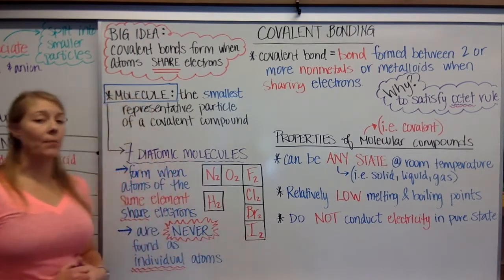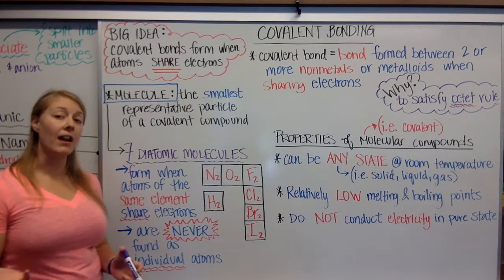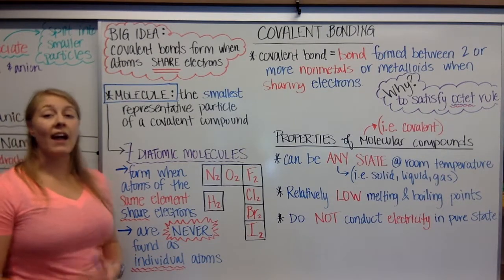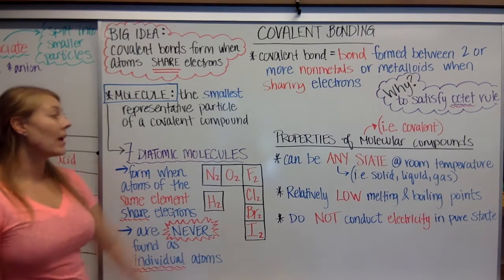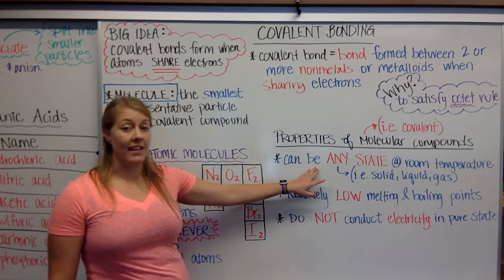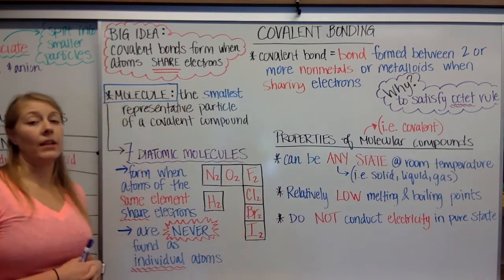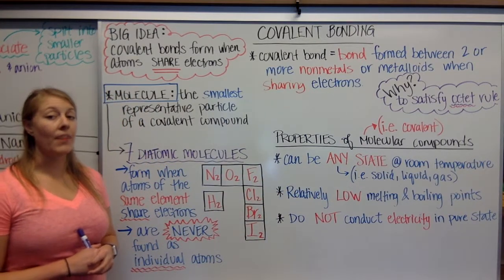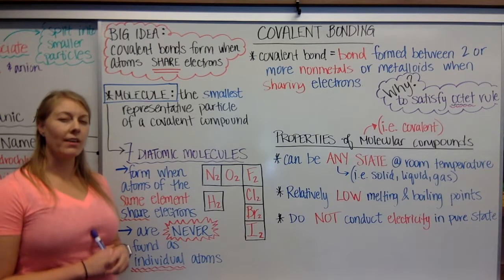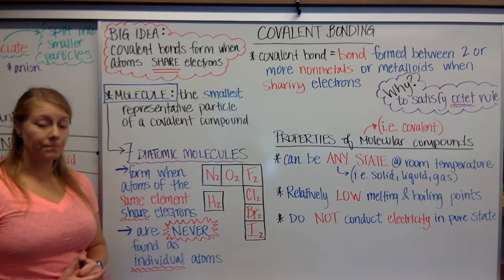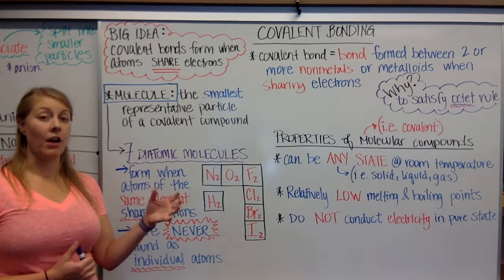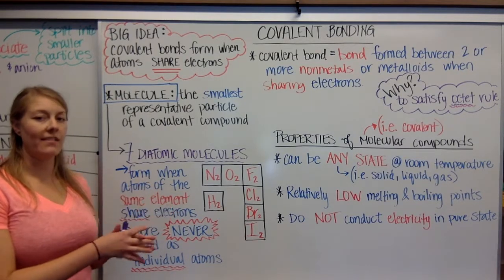Now, covalent compounds are molecular compounds. I want to get into a few properties of them since we've talked about the ionic properties. Whereas ionic compounds are usually solids at room temperature, molecular compounds can be any state of matter at room temperature. They can be a solid, they can be a liquid, they can be a gas. They have relatively low melting and boiling points. What do you think that says about the strength of the attraction there? Ionic bonds have really strong attraction and high melting and boiling points.